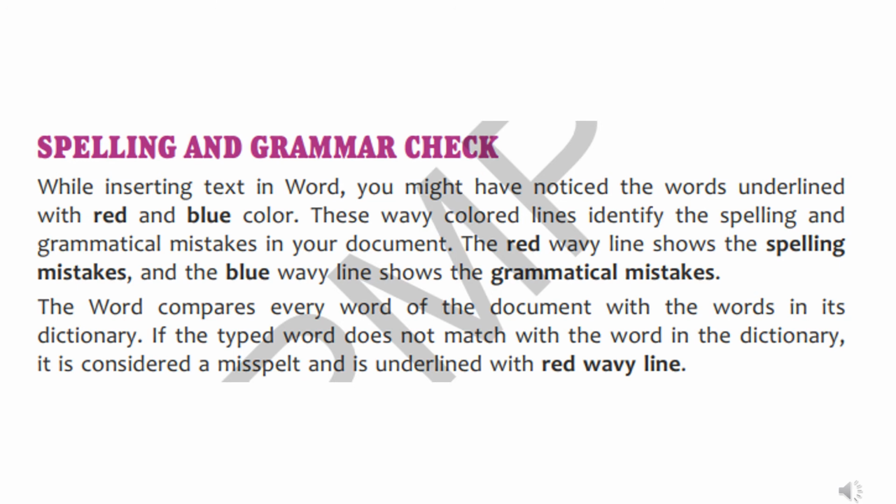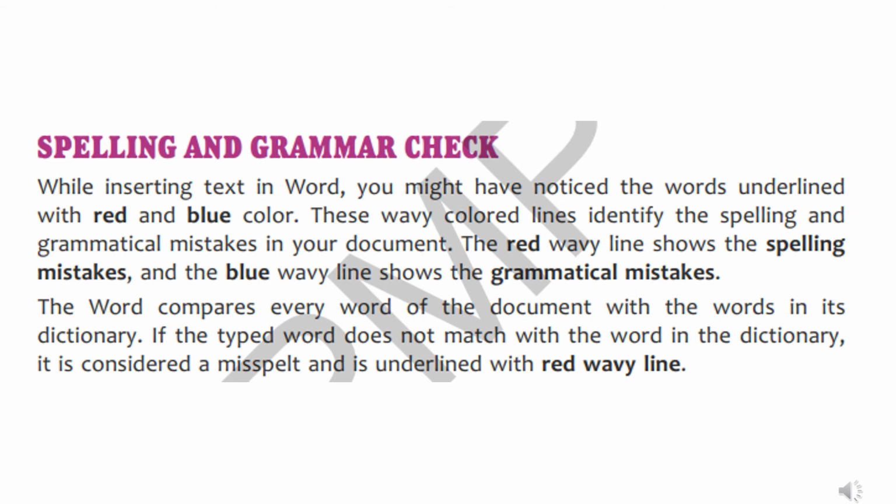So children, how will it recognize? Our MS Word has a dictionary. It will compare each and every word with that dictionary. If it does not find any word in that dictionary, then it will show it is a misspelled word.